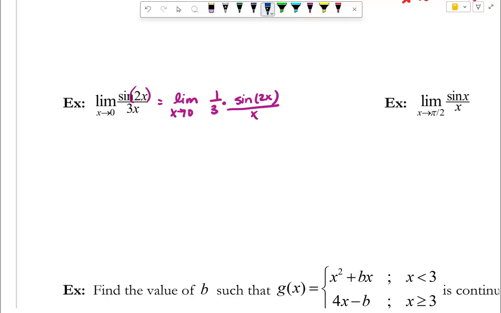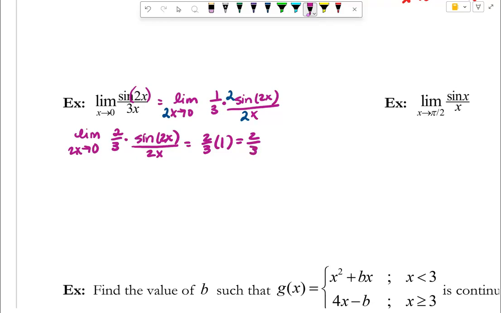Now, if my goal is to make this a 2, I can multiply by 2 on the bottom, which means I have to multiply by 2 on the top. And this is now the limit as 2x approaches 0. So now if I evaluate this limit, I have 2/3 times the sine of 2x over 2x, and that just becomes 2/3 times 1. So 2/3 is our final answer there.